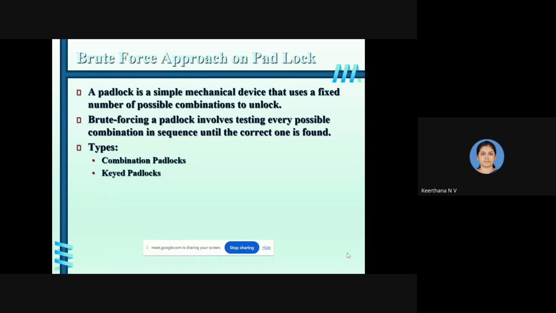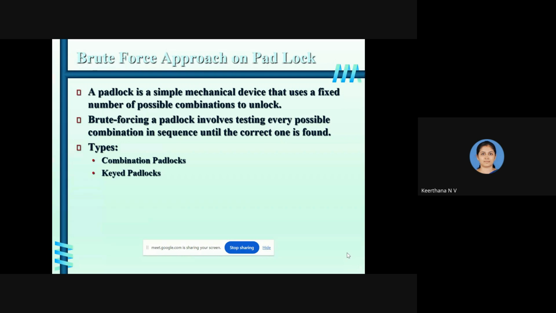For unlocking the device, a padlock is used by getting the input by means of trial and error. This involves testing every possible combination in a sequence. Those possible combinations are decided based on trial and error. If you try one combination and it gives an error, then we move to the next combination. So that is based on a brute force approach.